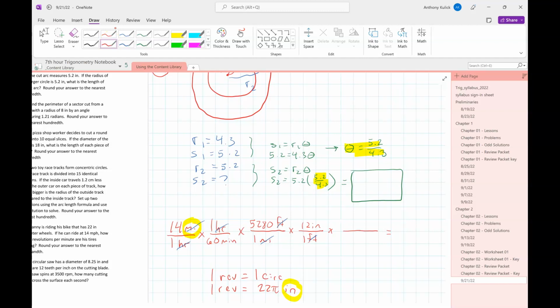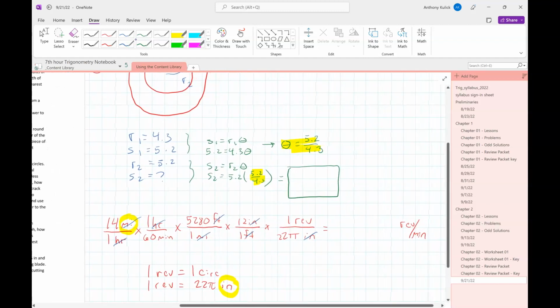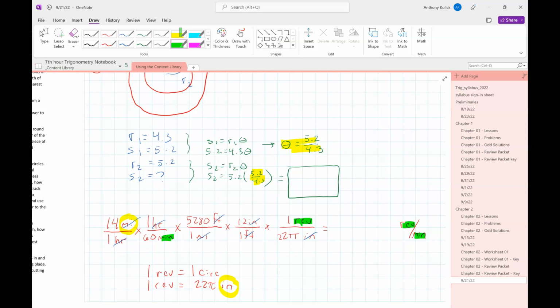So I can use my last conversion factor here. That 22 pi inches is 1 revolution. And now I'm in revolutions per minute. Yay! And all you gotta do is grind through that multiplication there.